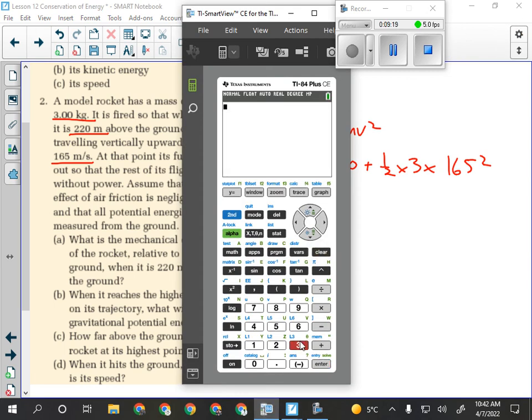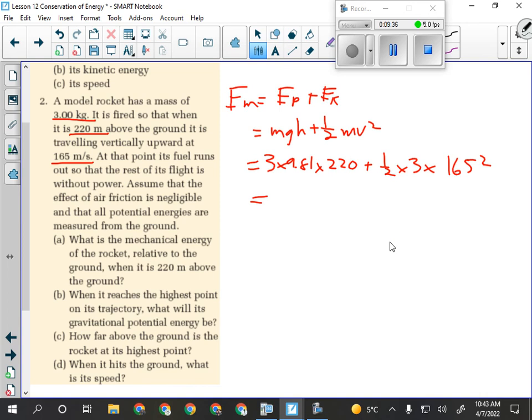So 3 times 9.81 times 220 plus 0.5 times 3 times 165 squared. Okay, 4.73 times 10 to the 5 joules. Okay, so part A, pretty straightforward.